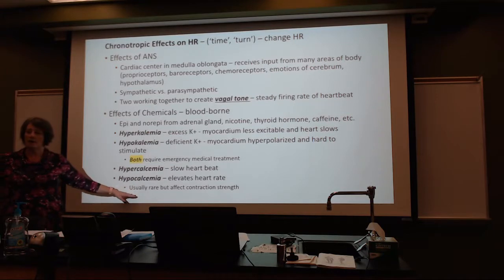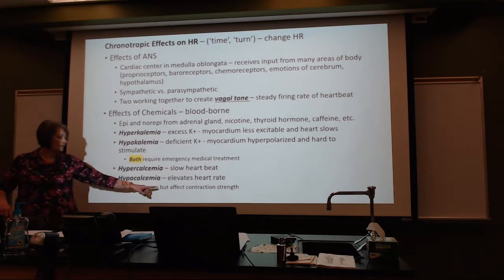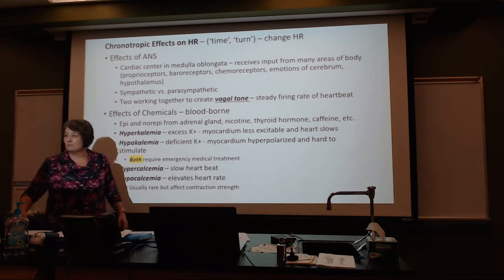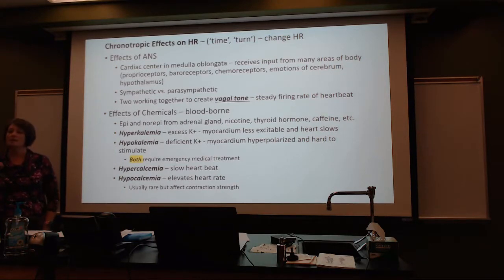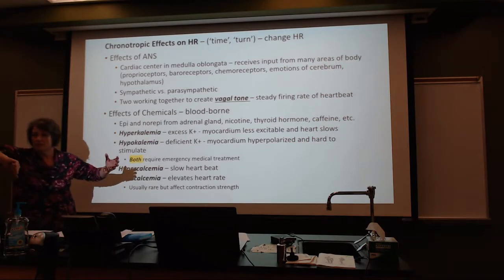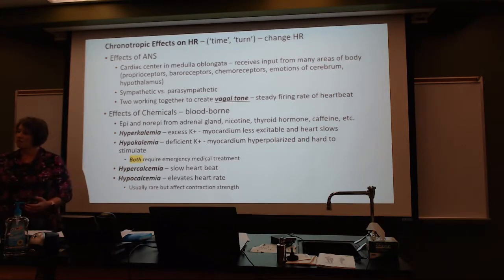Now, the problem with the calcemia affects my strength of the contraction, meaning when that heart beats, the force that will push the blood into the systems. I will not get proper push, proper flow into either the pulmonary or the systemic circuit.